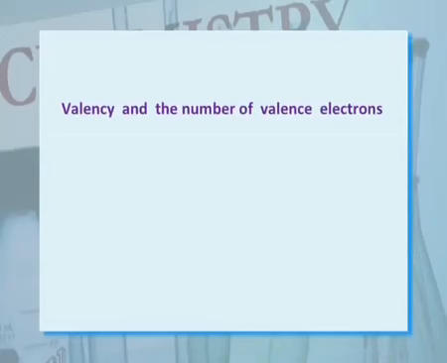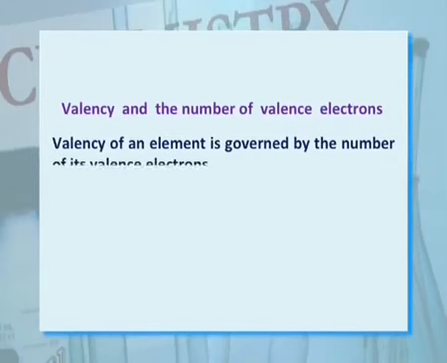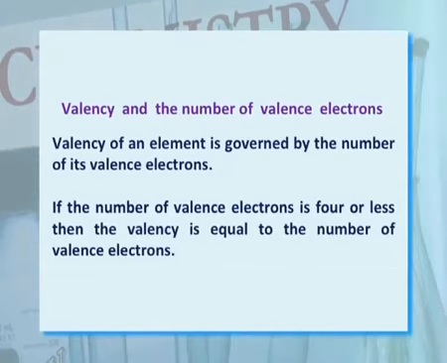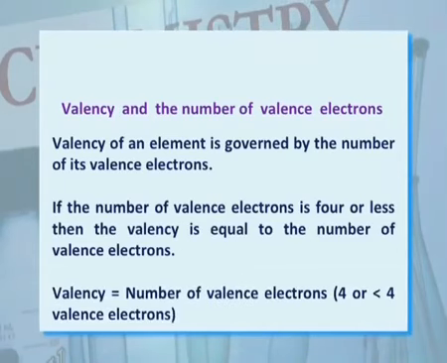Valency and the number of valence electrons are two important terms. Let us understand this. The valency of an element is governed by the number of its valence electrons. If the number of valence electrons is 4 or less, then the valency is equal to the number of valence electrons.